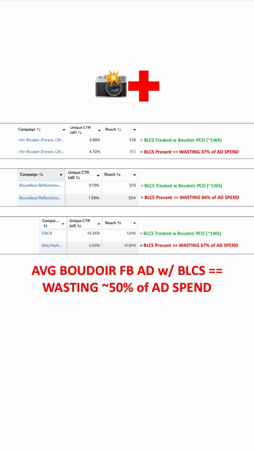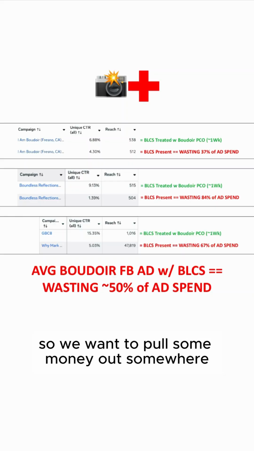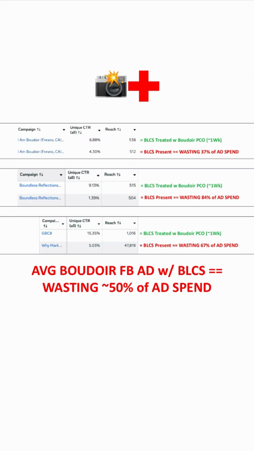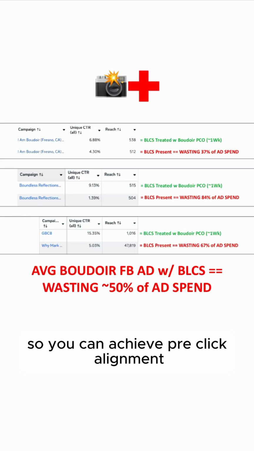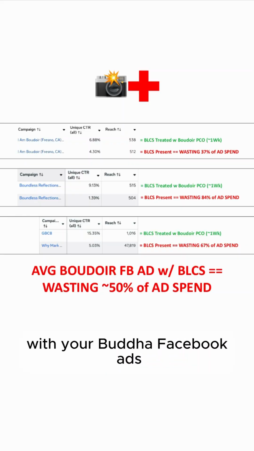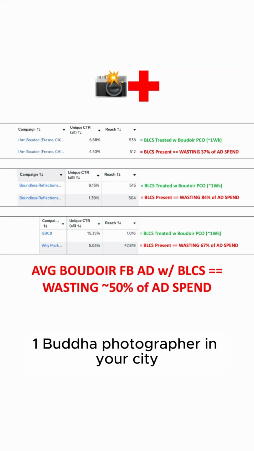And we're seeing inflation still hitting hard for living costs. So we want to pull some money out somewhere. You decide you want to do it with Facebook ads. Put that money back in your pocket so you can achieve pre-click alignment, become a dominant boudoir advertiser, and achieve boudoir brain entry boosts with your boudoir Facebook ads. So you can be on your way to becoming the #1 boudoir photographer in your city.